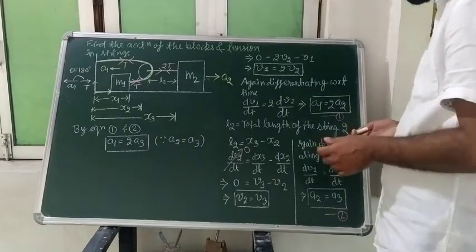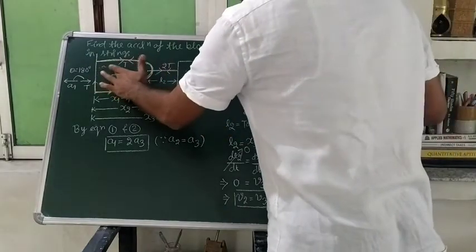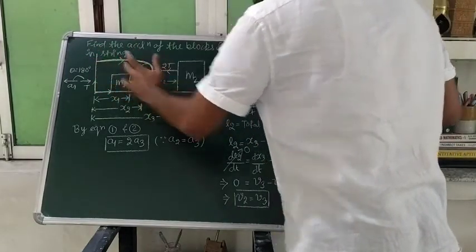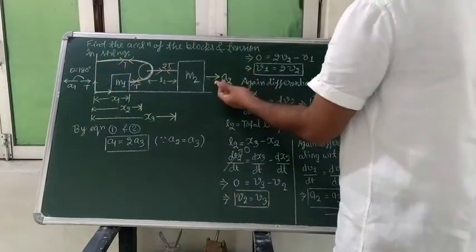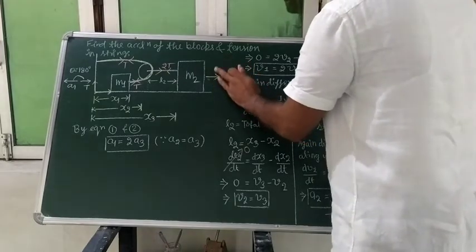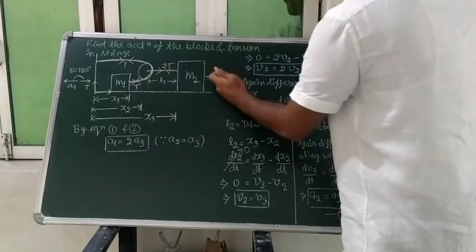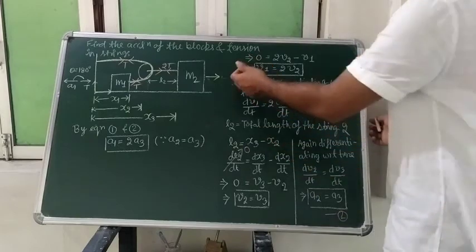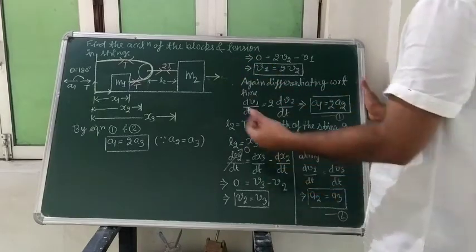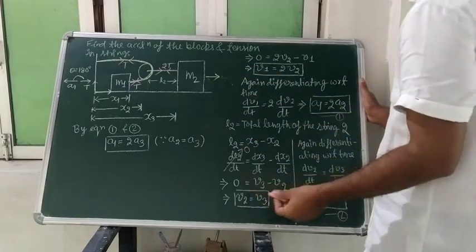Of course, now this A1 will be the acceleration of block 1, and A3 will represent the acceleration of block 2, and they should be in the same direction.